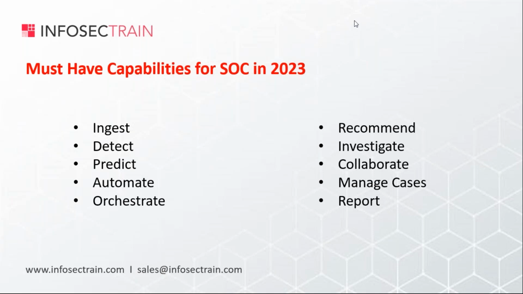In future you will have a SOC where mostly L1 tasks of reputation check, DNS interrogation will be automatically done, right? But what should be done after this? You can have an investigation skill of your human resource which can guide them further on what to do next after that particular activity.